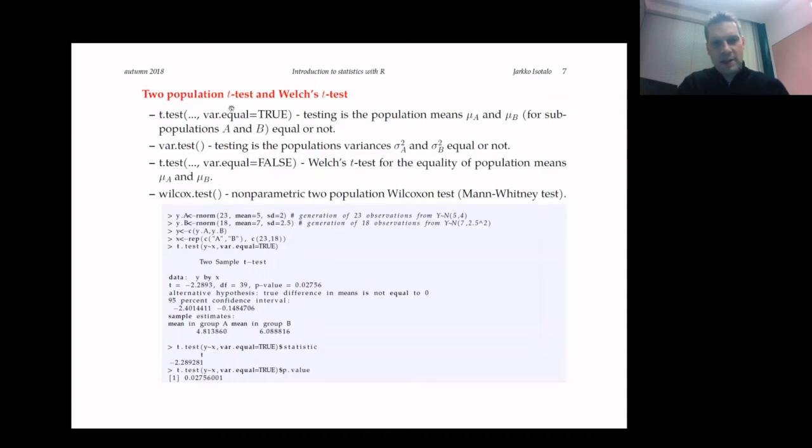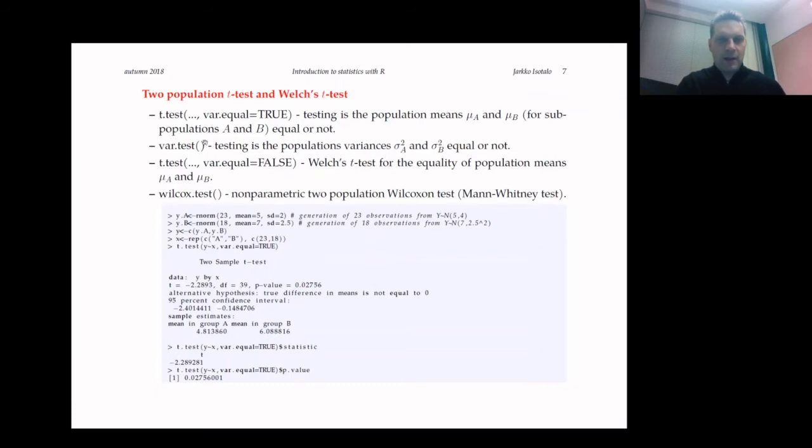For the two-population t-test situation, we assume that the population variance, that means the dispersion, is at the same level in these two subpopulations A and B. Sometimes this variance can actually be different, and that's why we may sometimes use a function called var.test to test if the population variances are equal or not.